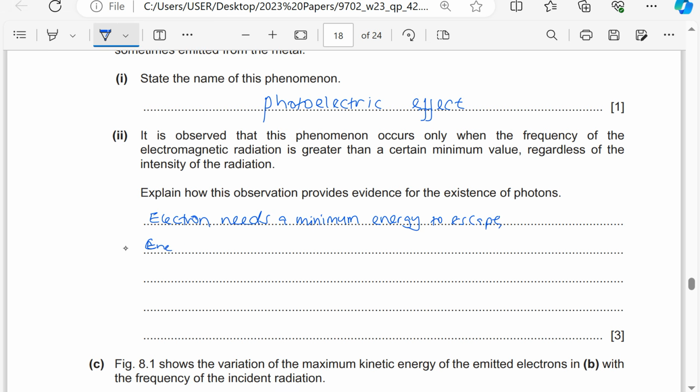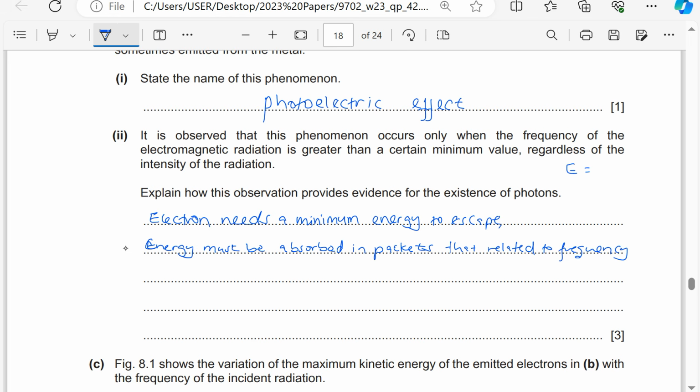The energy must be absorbed in packets that are related to the frequency.